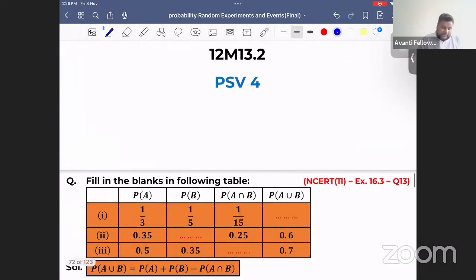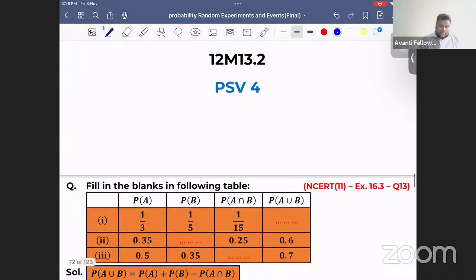Now see, fill in the blanks. Simple question, do it quickly. In the first case, P(A) is 1 by 3, P(B) is 1 by 5, P(A intersection B) is 1 by 15. Then P(A union B) is P(A) plus P(B) minus P(A intersection B).